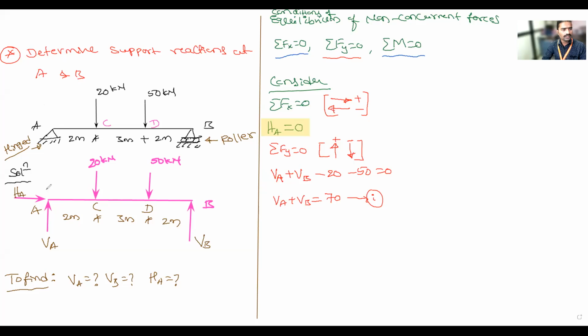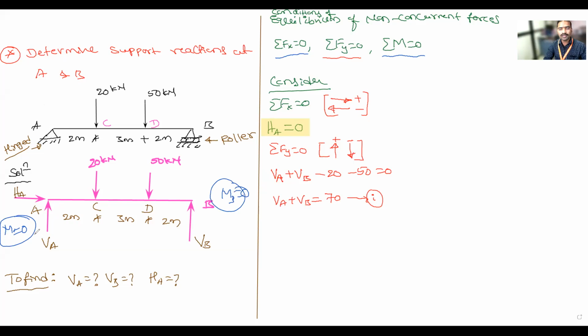So at A, it is hinged, correct? At this point, what are the unknown reactions? HA and VA are there, horizontal and vertical. Moment is 0 here. And at the roller support, there is only vertical reaction. Moment about B is also equal to 0.